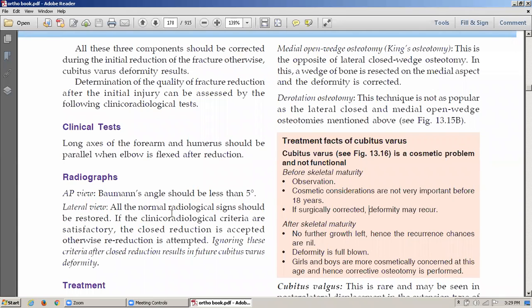In the lateral view, all the normal radiological signs should be restored. If the clinicoradiological criteria are satisfactory, the closed reduction is accepted, otherwise re-reduction is attempted. Ignoring these criteria after closed reduction results in future cubitus varus deformity.